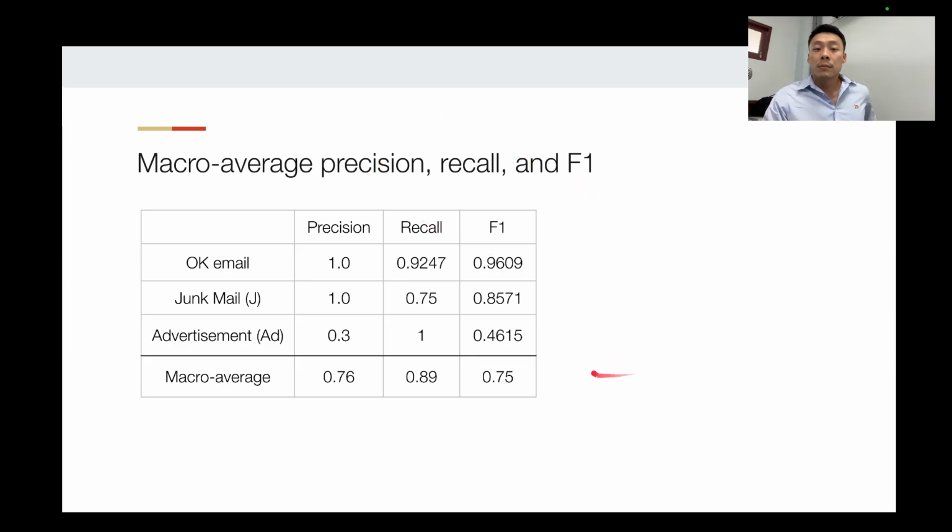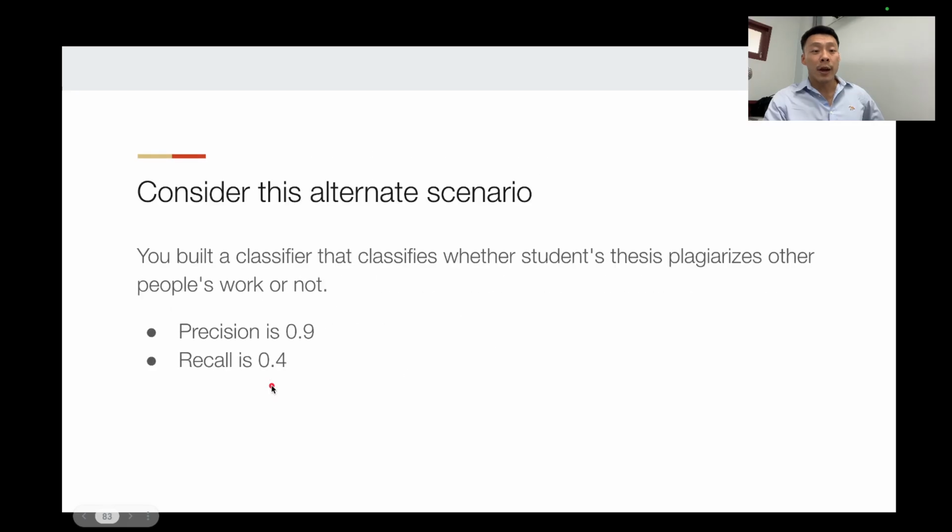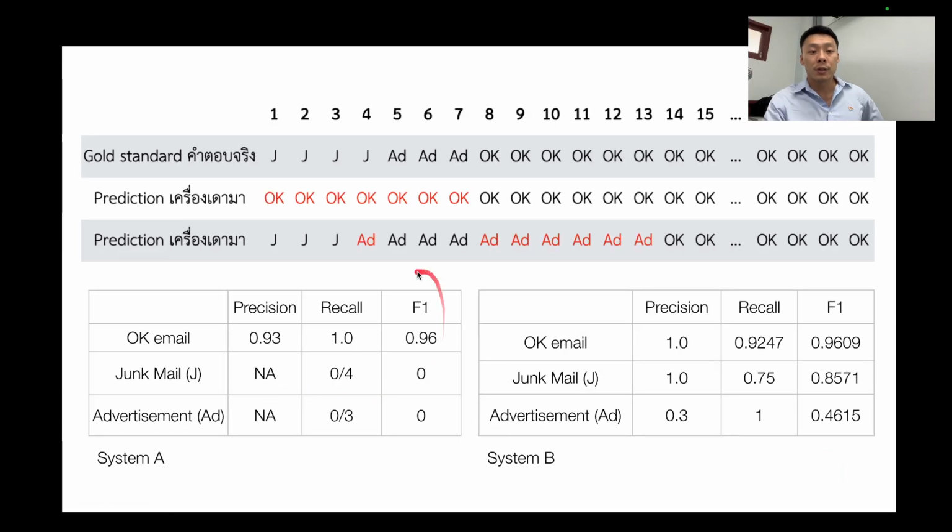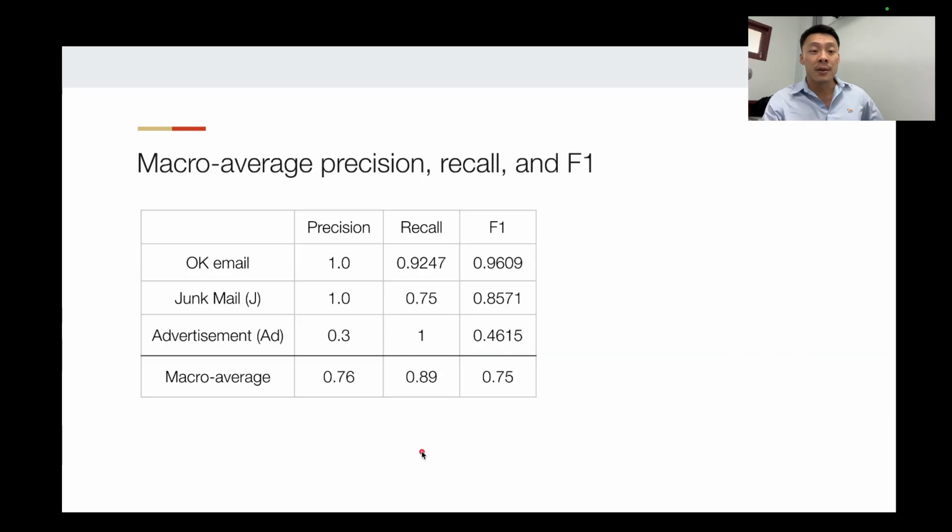So that's evaluation. If you compute macro F1 for this one, it's going to turn into what? 0.32, right? Which is much lower than 0.75. So now we have a better metric than accuracy.